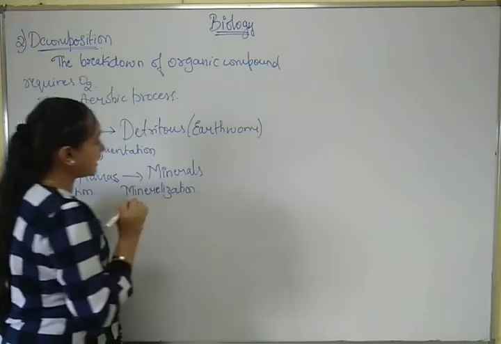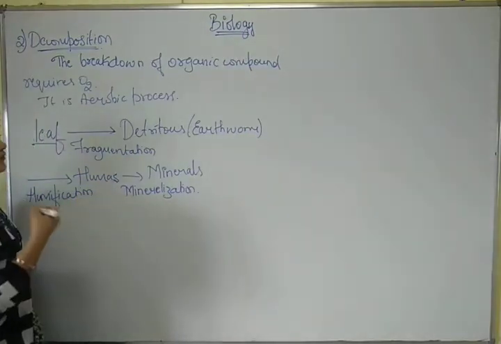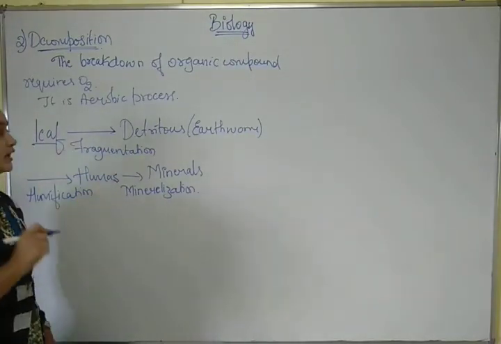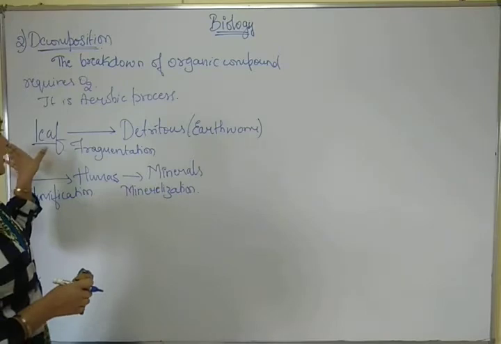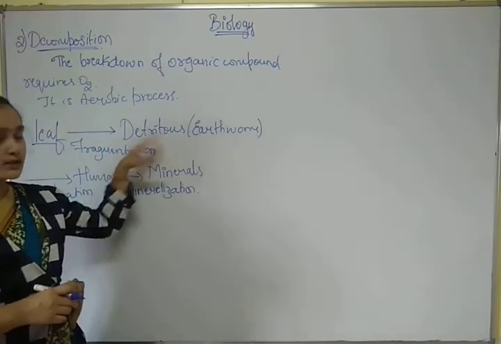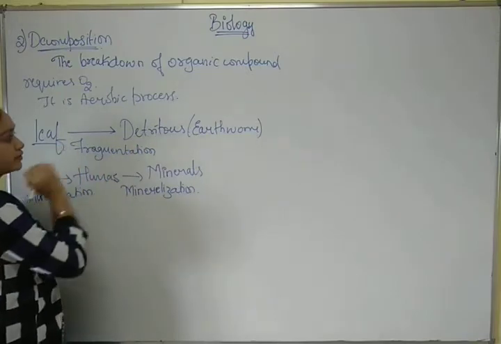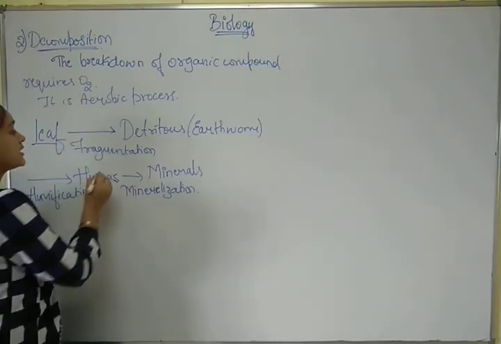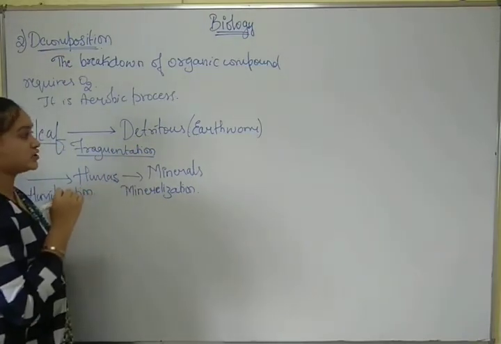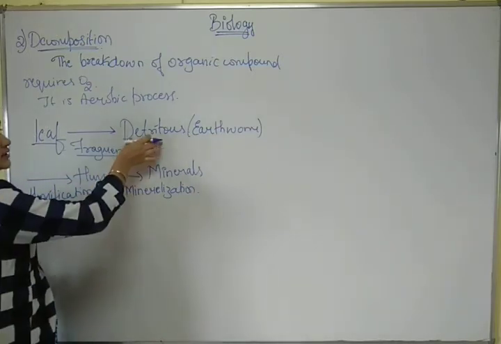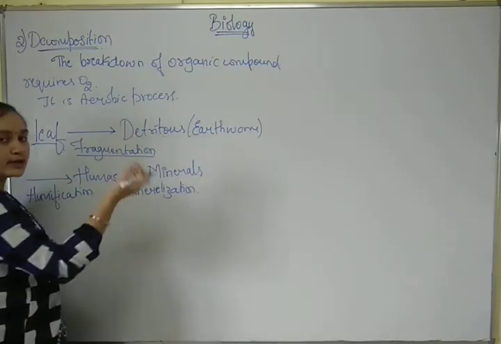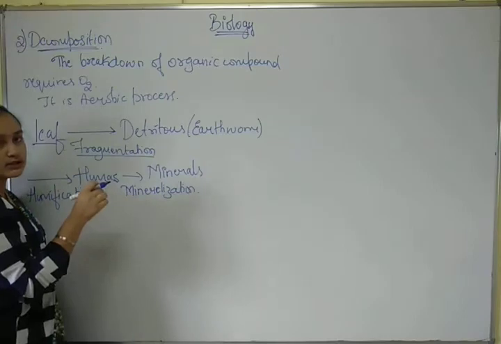Okay, so these are the steps taking place in decomposition. For example, the leaf gets converted into detritus, so that process, the organic compound converting into detritus, is called fragmentation. Next, this detritus forming process is carried out by the earthworm.